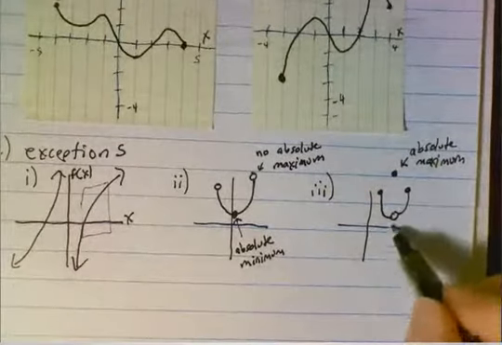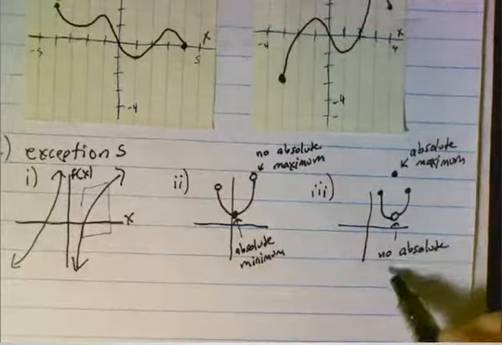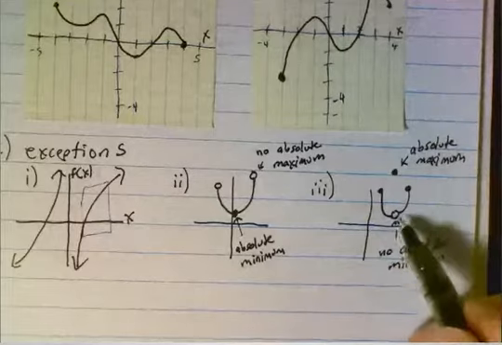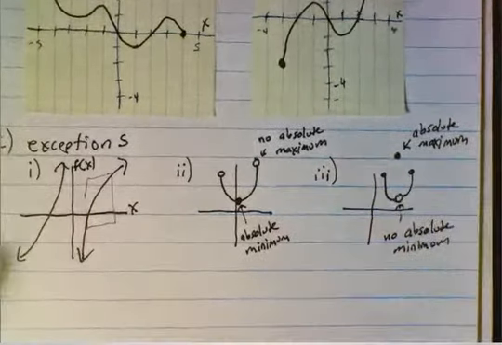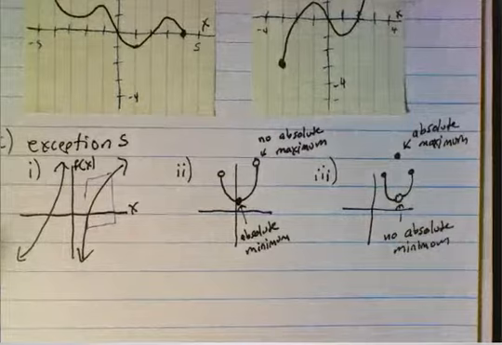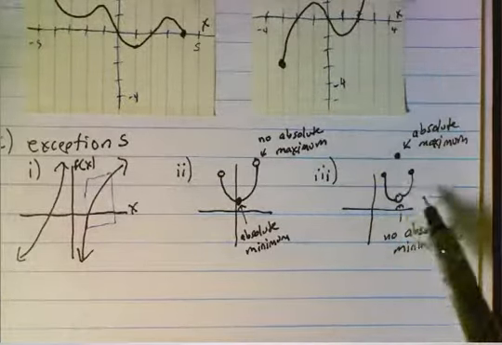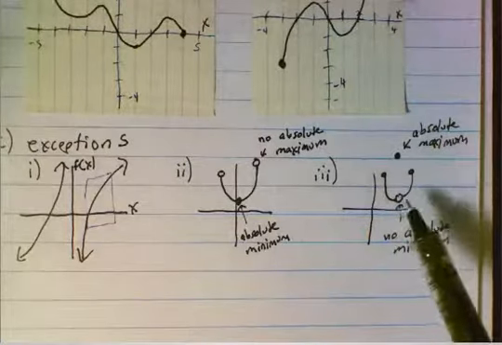In this case, there is no absolute minimum, because the point that we would think of being the absolute minimum isn't there, it's been moved. This is why it's really important that we have functions that are continuous before we do anything involving calculus. If we have this discontinuity, it just messes things up completely.